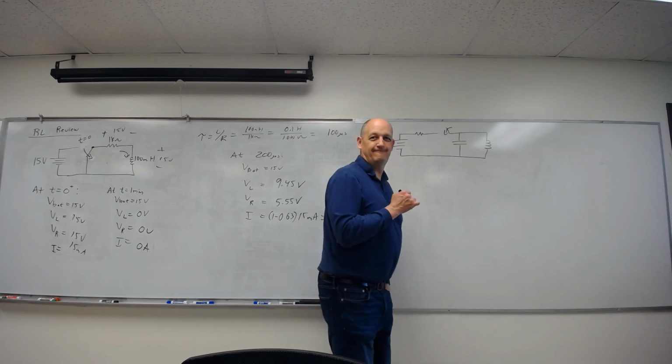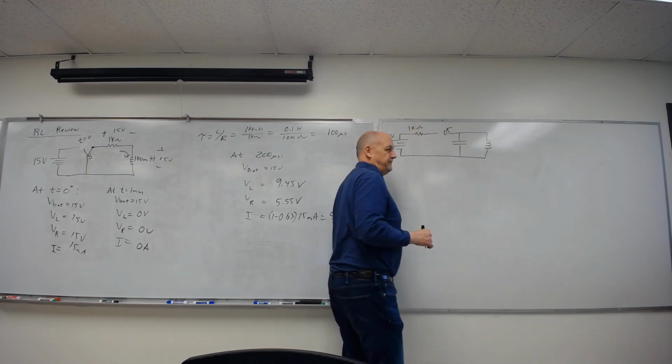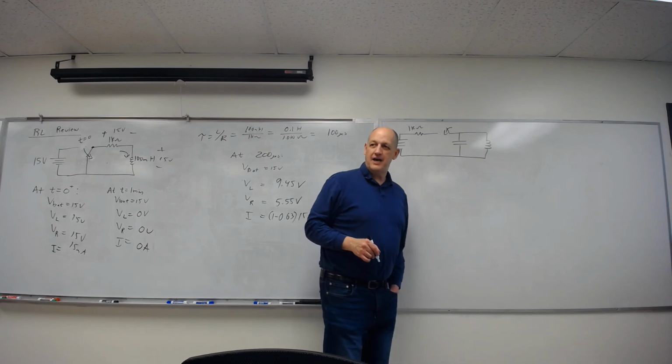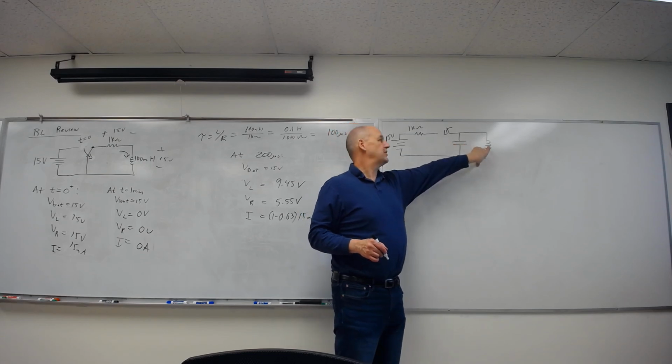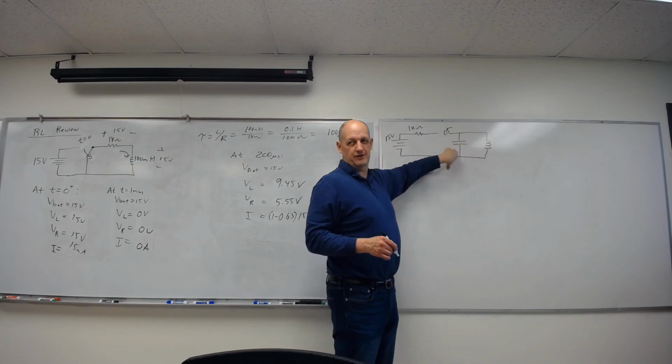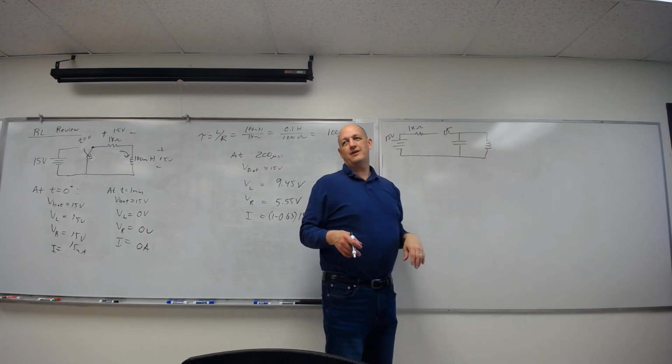Close that. 15 volts, 1 kilo ohm. The instant I close that, no instant change in voltage, so these stay 0. It takes a while. No instant change in current, so there's no current there, but there is current here. As this voltage changes up, we'll start to get current in there too.